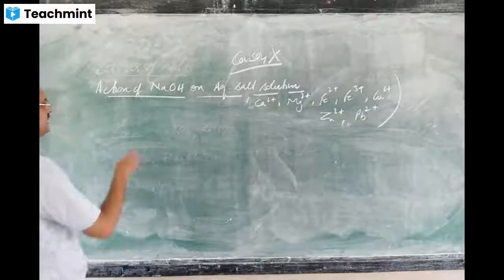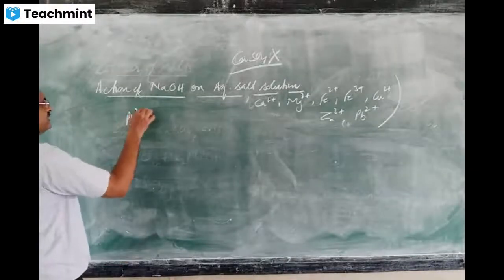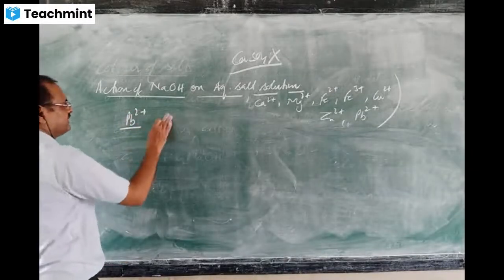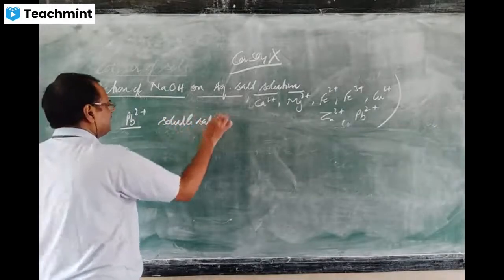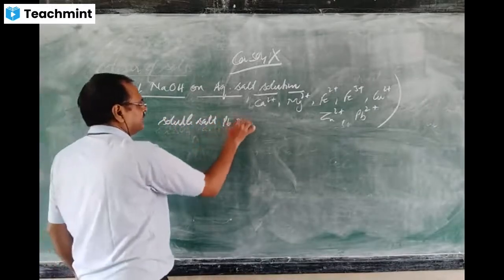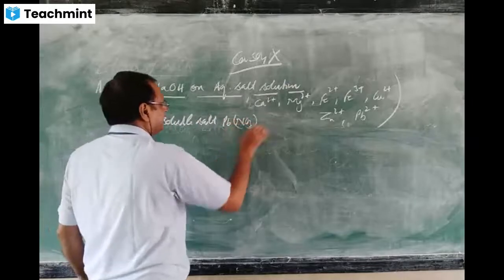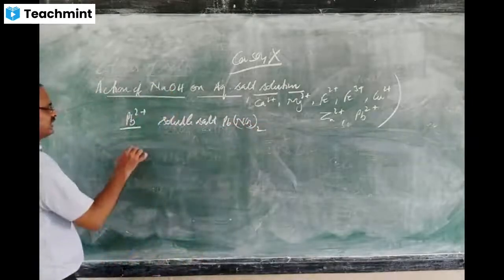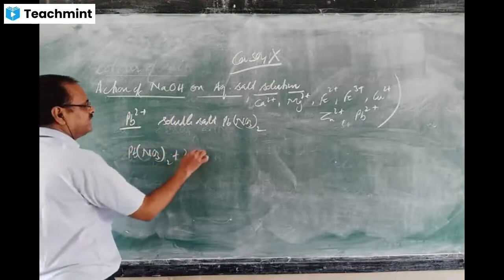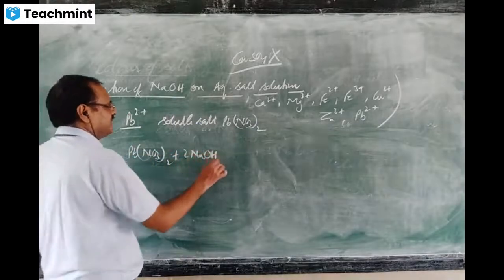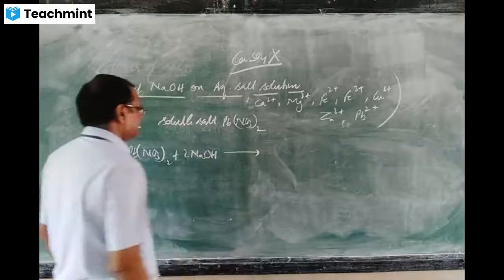So the next one is the soluble salt of lead; only one is there, that is lead nitrate. You can take an aqueous solution of lead nitrate and add sodium hydroxide drop-wise, then in excess.